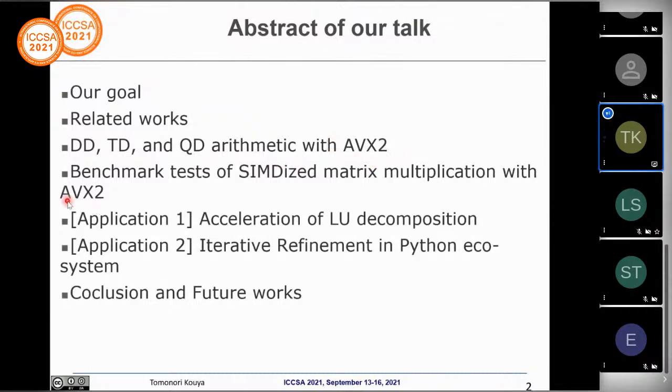After that, we show the results obtained by our benchmark test of matrix multiplication with AVX2. Then we show two kinds of application. One is acceleration of LU decomposition. Another is an iterative refinement method based on LU decomposition in the Python ecosystem. After that, we conclude our talk and show our future works.